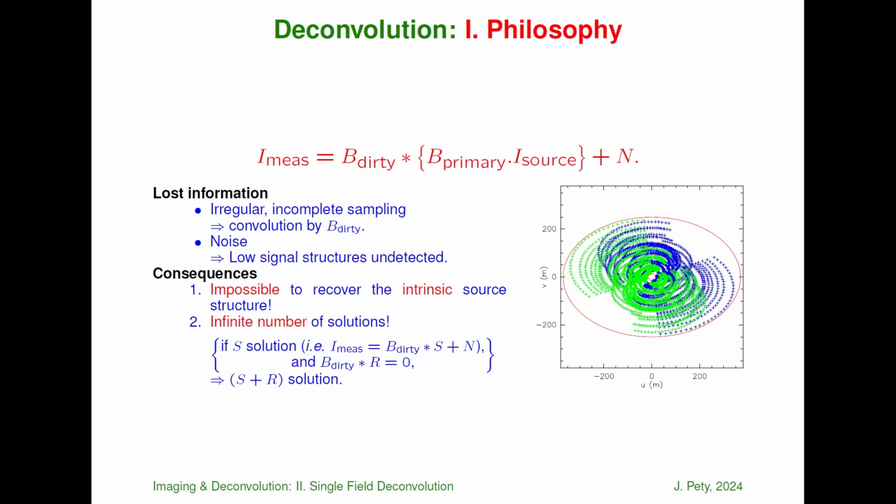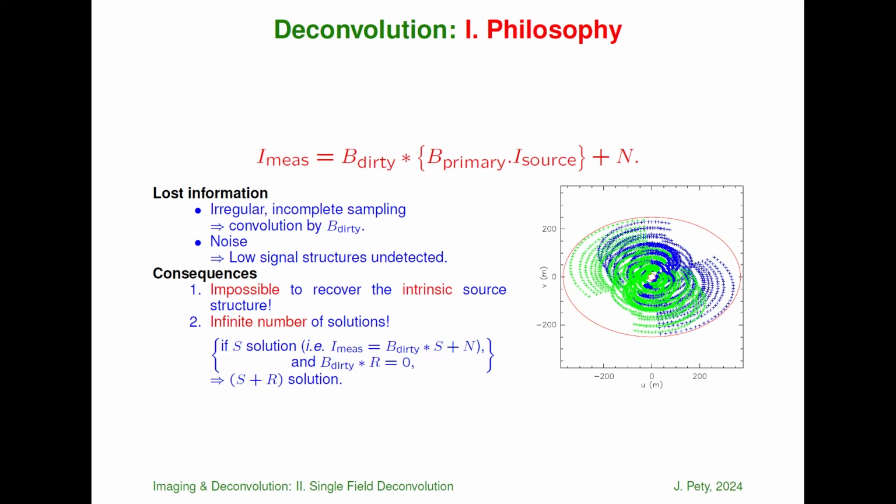So this has an important consequence: it is impossible to recover the intrinsic source structure. You have lost the information, so you will not get the intrinsic source structure. Deconvolution is not doing that. The reason why: let's assume that we have a solution of this equation.